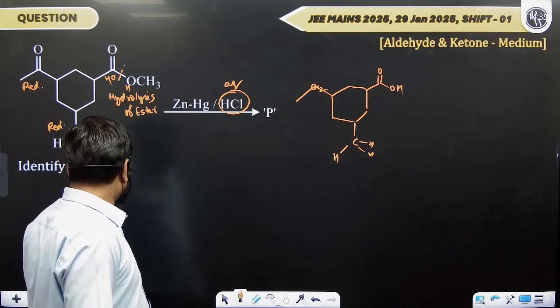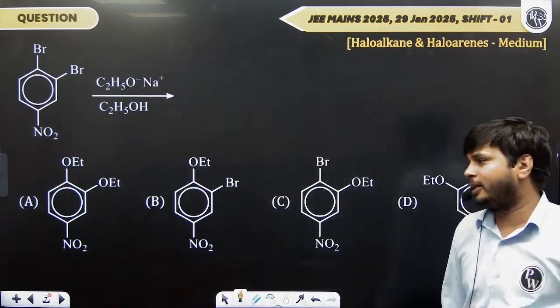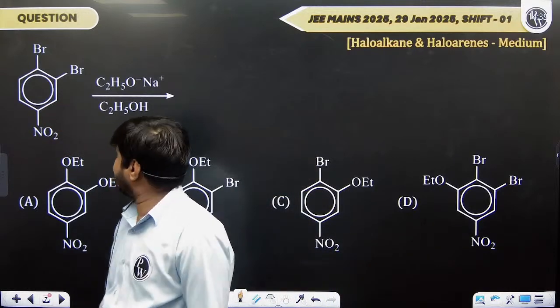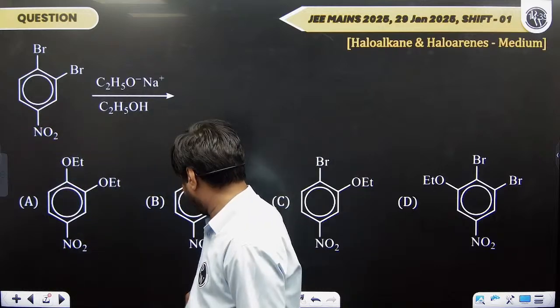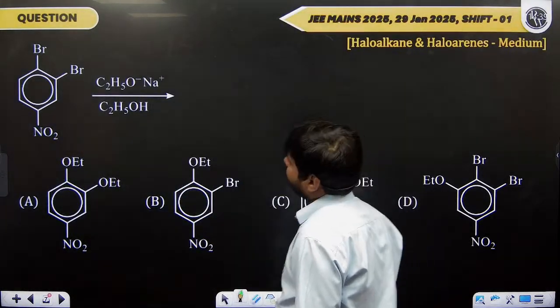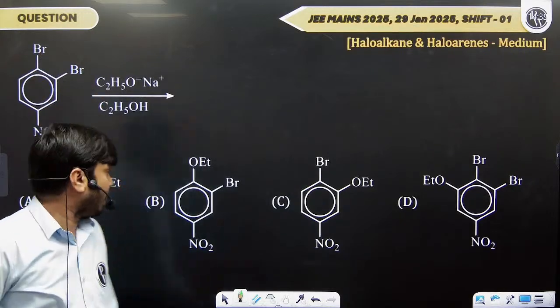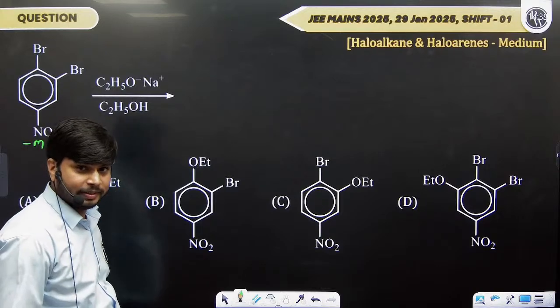Now let's come to the next question. Here we have the benzene ring, to which bromine and nitro groups are attached. Here we have a haloarene connected with the NO2 group, and as you know, the NO2 group shows the minus M effect.